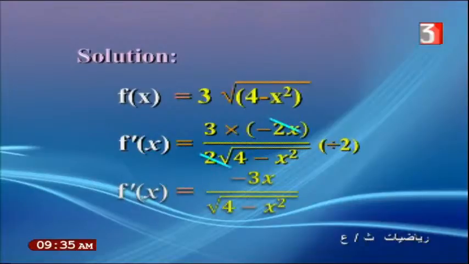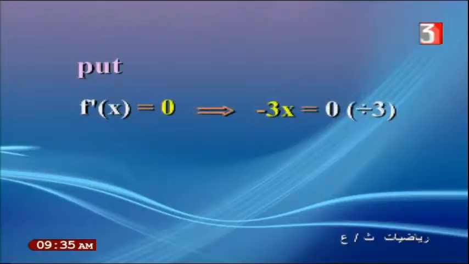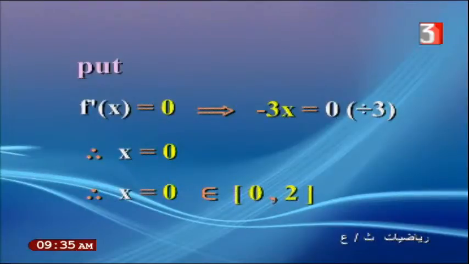Now we put f dash x equal to 0, then the numerator negative 3x equals 0. Dividing by 3, x equals 0, and x equals 0 belongs to the closed interval [0, 2]. Then we have two values of x, 0 and 2.